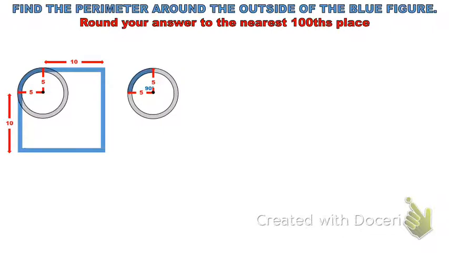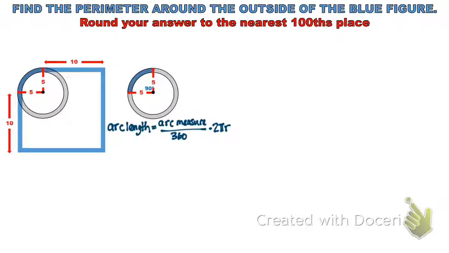The arc length formula is arc length equals arc measure over 360 multiplied by the circumference, which we're going to use 2 pi r because they gave us the radius in our picture. So that is our arc length formula.